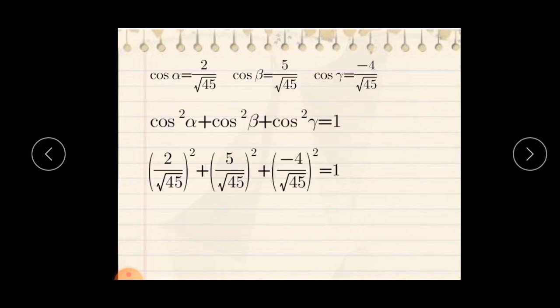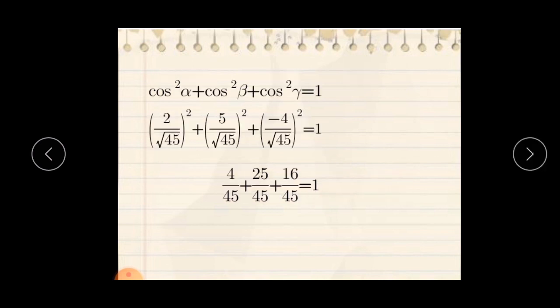Now we evaluate: cosine alpha is 2 over square root of 45, so we have 2 over square root of 45 squared, plus cosine beta is 5 over square root of 45, so 5 over square root of 45 squared, plus cosine gamma is negative 4 over square root of 45, so negative 4 over square root of 45 squared, and this is equal to 1.